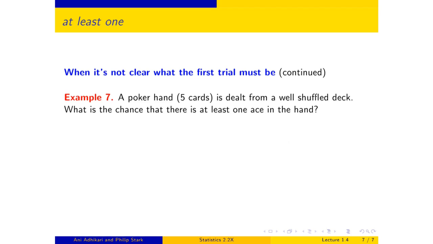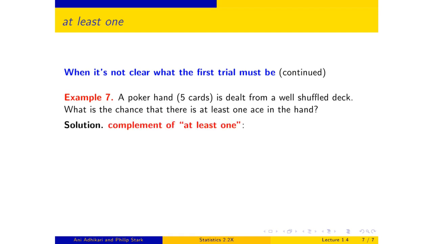Well, I could just fold my hands and go away. Or I could roll up my sleeves and list all the ways. Or I could pray that there is a simpler method. And you know, when your list of outcomes that you have to write down gets long, it's a great idea to think of the list of outcomes that you don't want to write down.